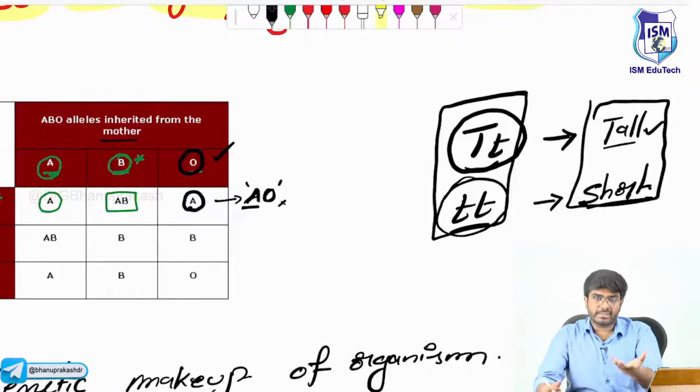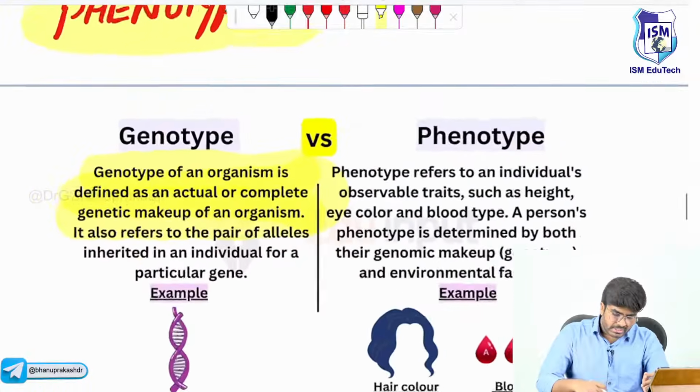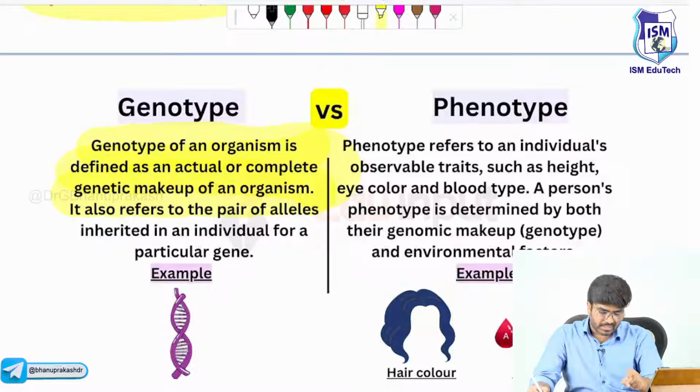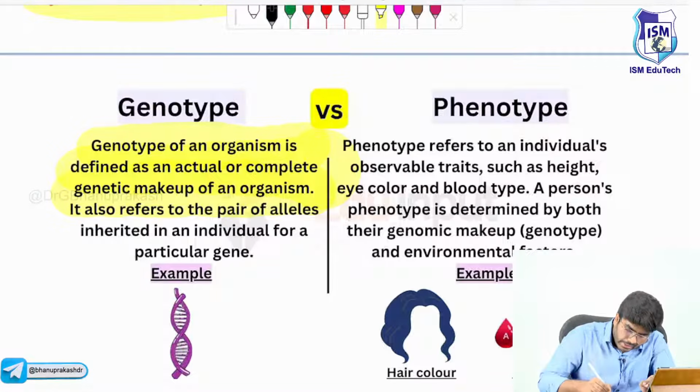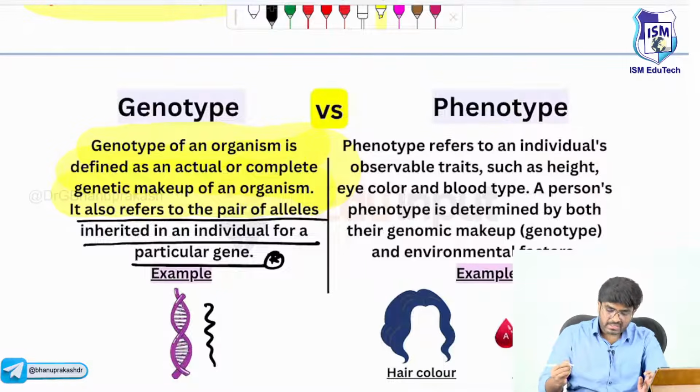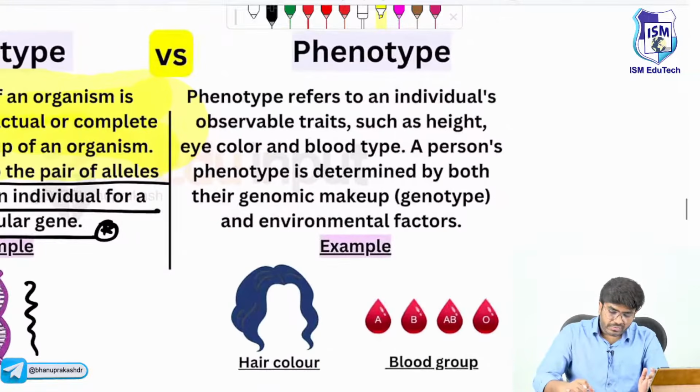The expressed things. Now, let's once go through this. Genotype of an organism is defined as the complete genetic makeup of an organism. It also refers to a pair of alleles inherited in an individual for a particular gene. That's a genotype, at the level of genes. Then what is phenotype?